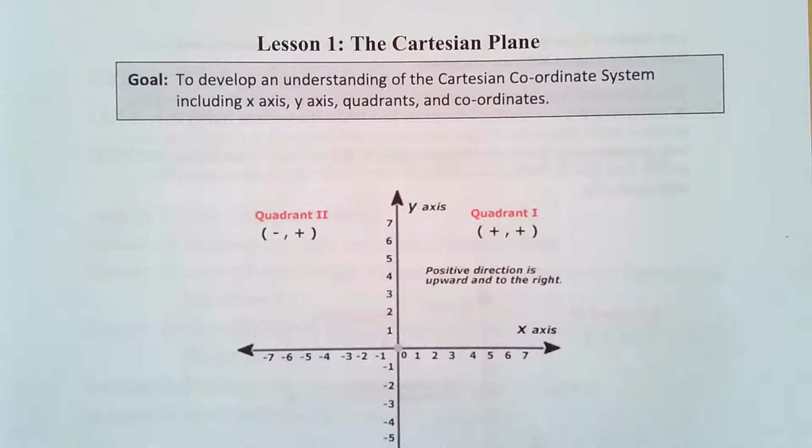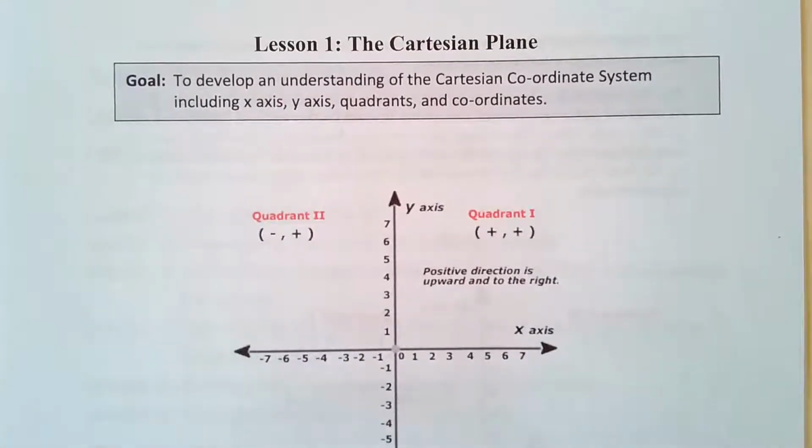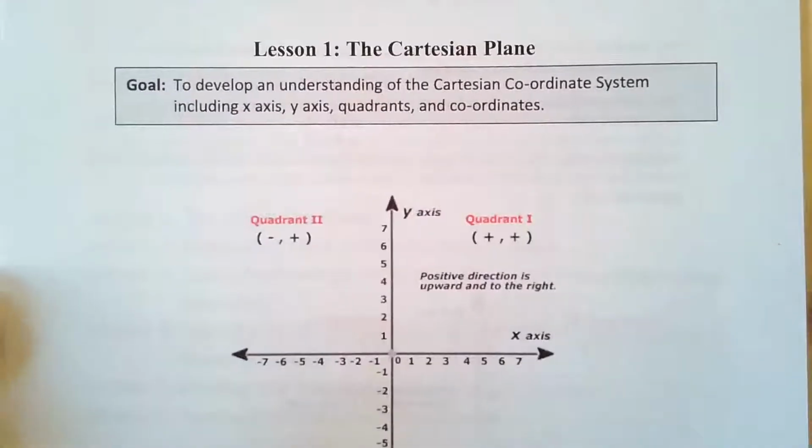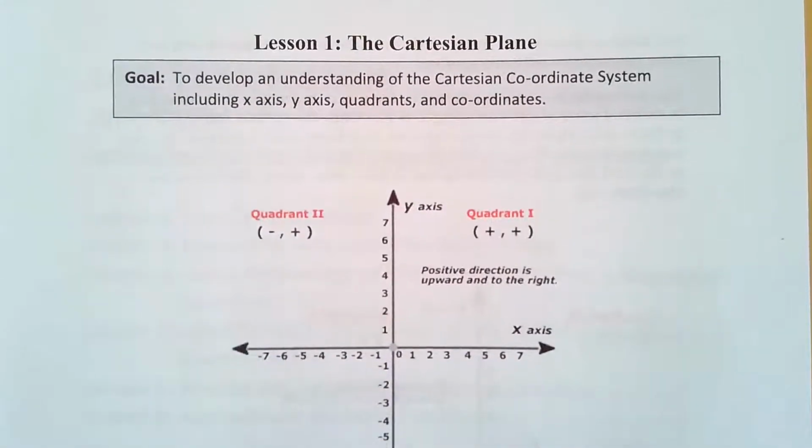Today, we begin the first lesson of the new unit. And today's lesson, the Cartesian plane. The goal is to develop an understanding of the Cartesian coordinate system, including x-axis, y-axis, quadrants, and coordinates.